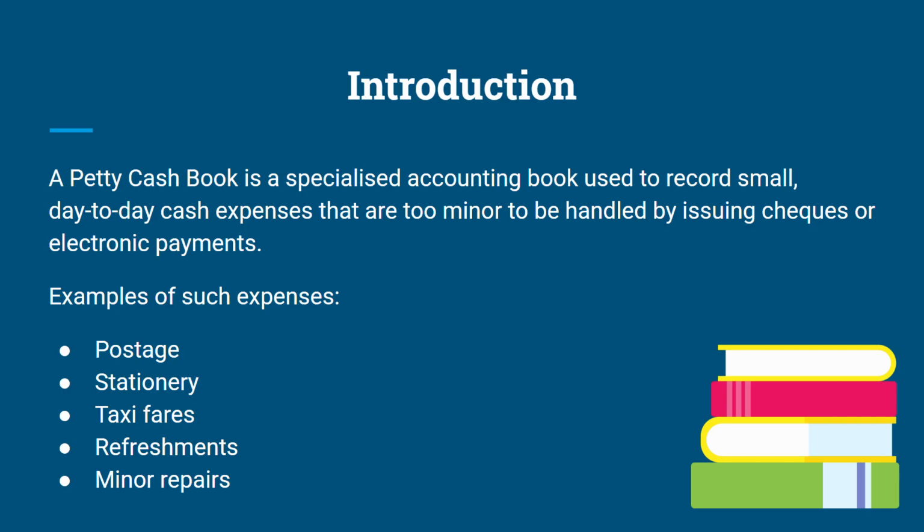And that's why in the name we call it a petty cash book. So it's like petty, like small little day-to-day cash expenses, okay? So here are examples of such expenses, which could be like postage, stationery, taxi fares, refreshment, cleaning services. There are lots of examples that could happen.